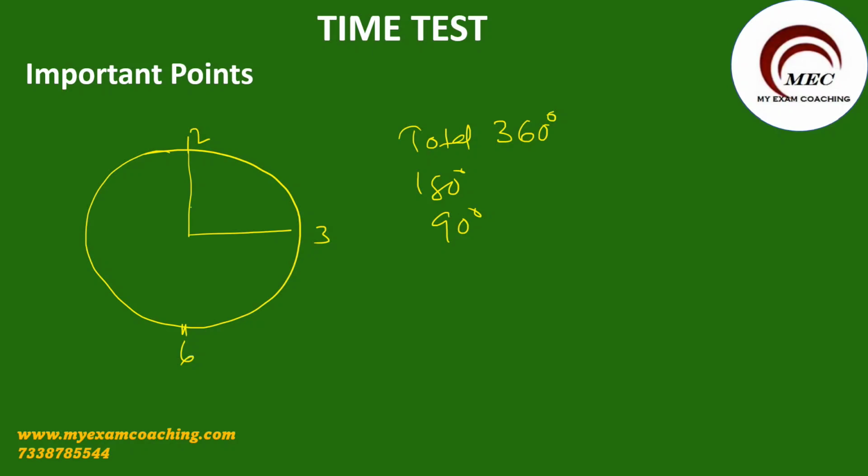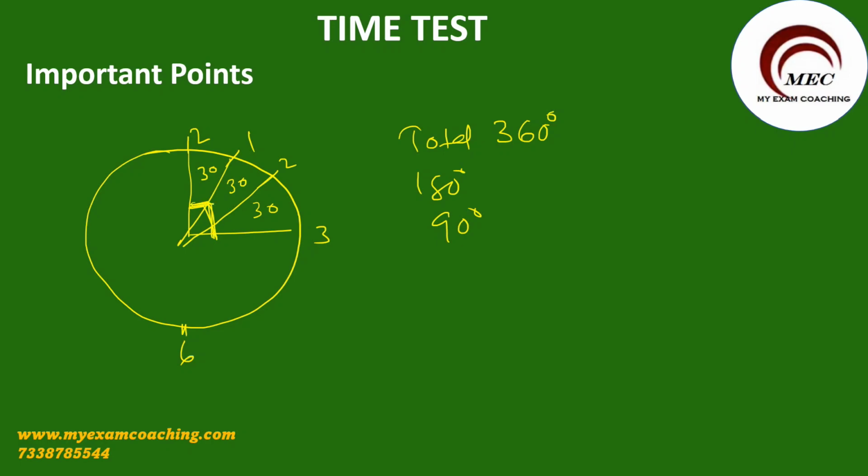So this is 90 degrees between 12 to 1, 1 to 2, 2 to 3. If I divide this, this will become 30, this will become 30, this will become 30. Total is 90 degrees.